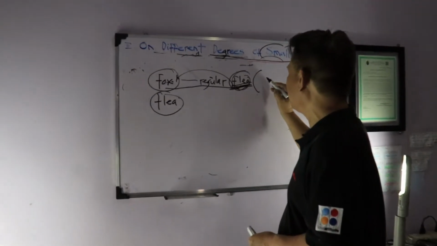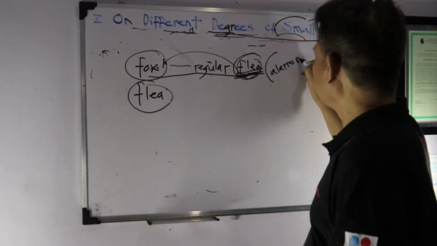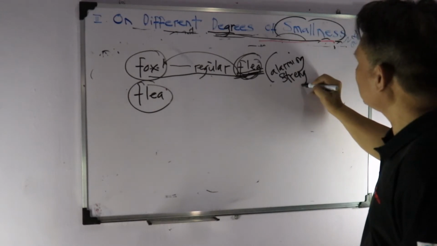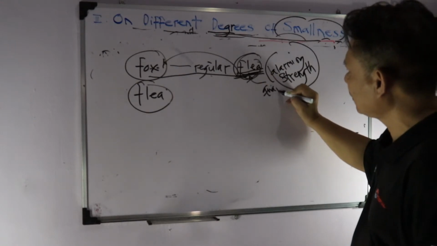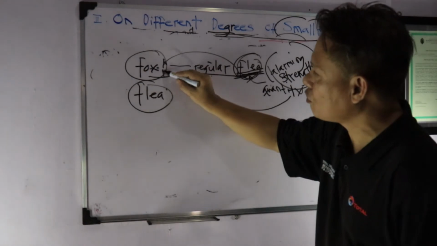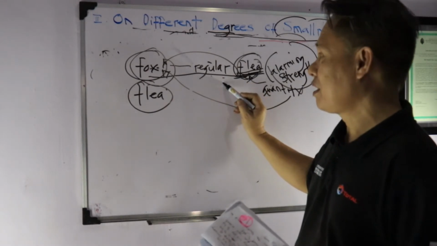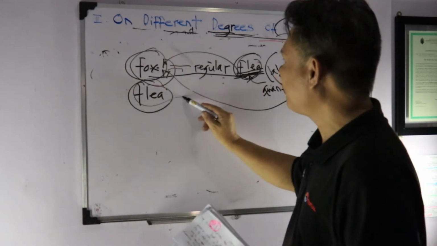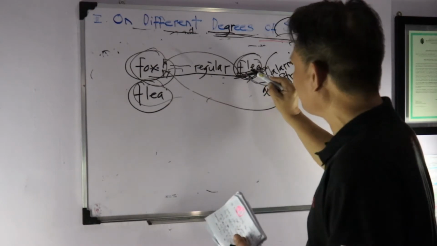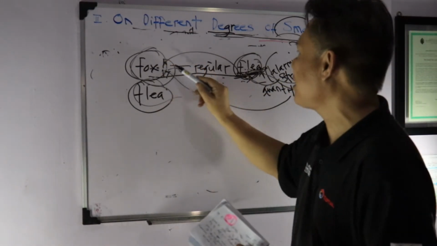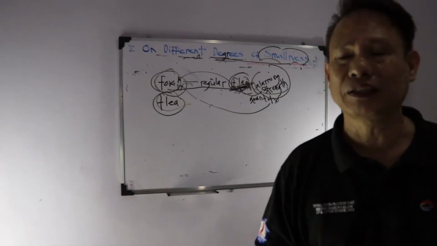But if the fleas could get to a huge, alarming strength or quantity that would try to bite the body of this fox, he would mind that. But if another insect would bite also, the fox wouldn't mind because it is insignificant, it is negligible. This is only a small portion of that.